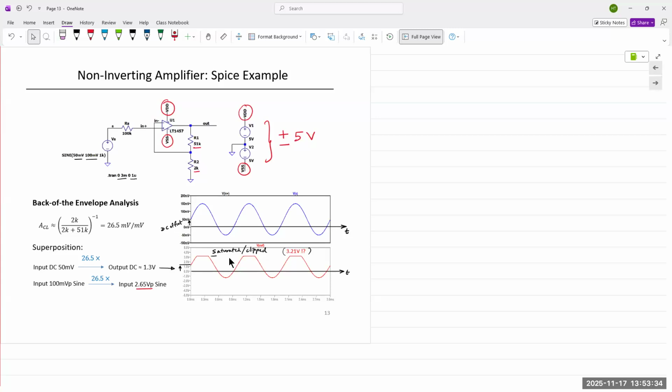So we want the input current going into the op amp to be very, very small, and we just modeled it as a very large resistor at the input.